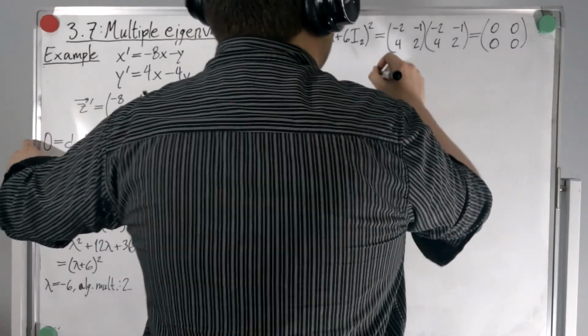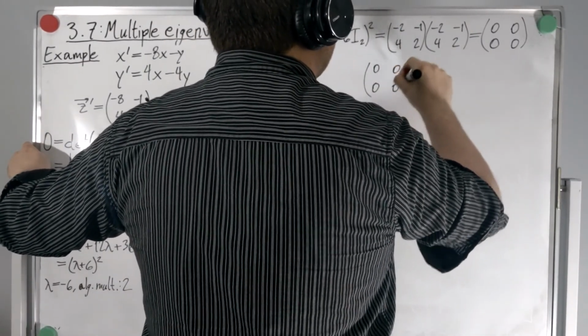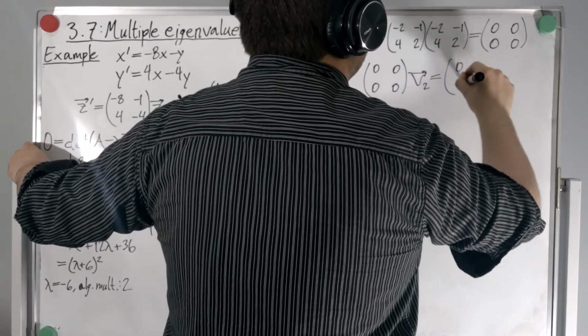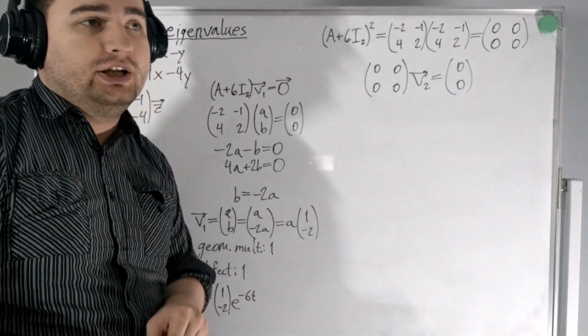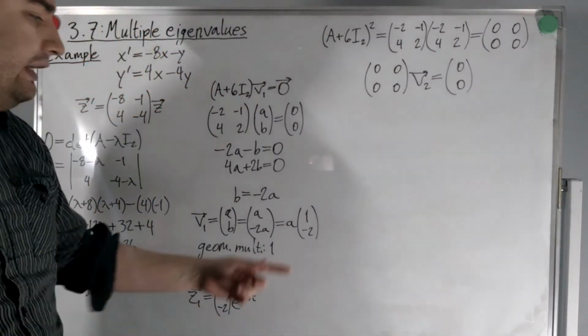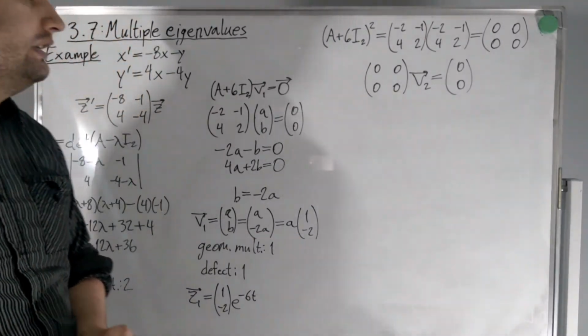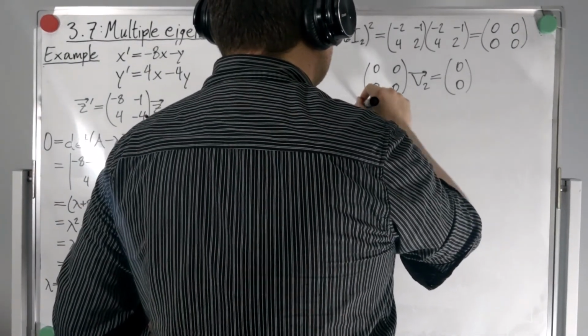So we are looking for v2 that satisfy (0, 0, 0, 0) times v2 equals (0, 0). Literally any vector would do that. You just have to pick one that's not an eigenvector, and it's also not the 0 vector. So let's pick (1, 0) for no particular reason.